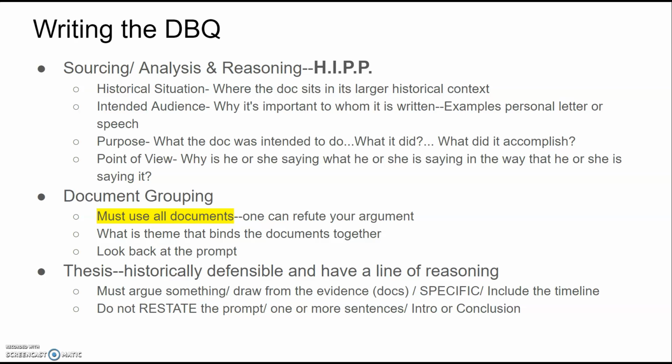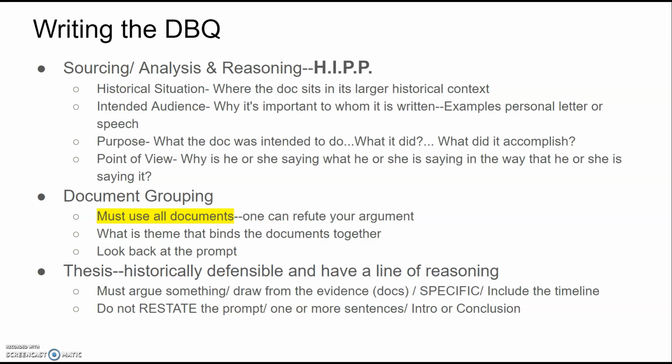What is going on in this particular time period that makes it relevant? Let's say, for instance, you decided to use intended audience. Why is it important to whom it is written? Some examples of utilizing intended audience and analyzing with that would be if someone writes a letter or if someone's giving a speech.